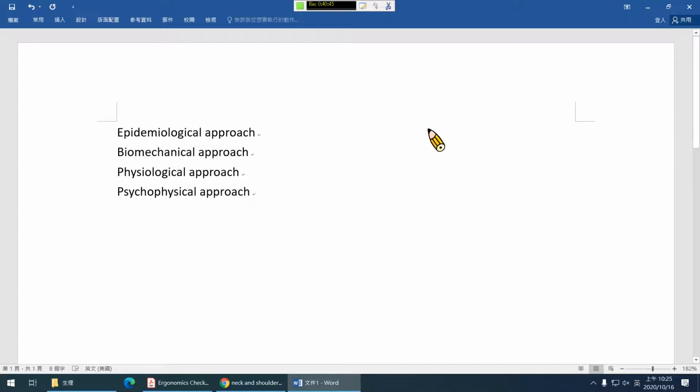Okay. In ergonomics, there are usually 4 different methodologies. One of the big data approach is called epidemiological approach. In epidemiological approach, we go to the hospital, we check the patient's data.